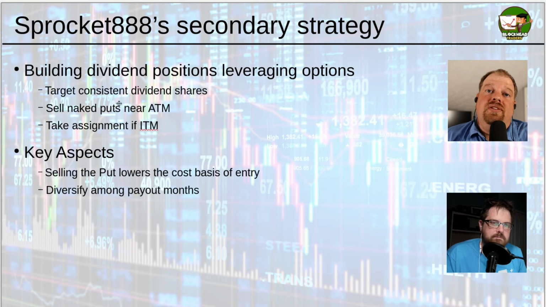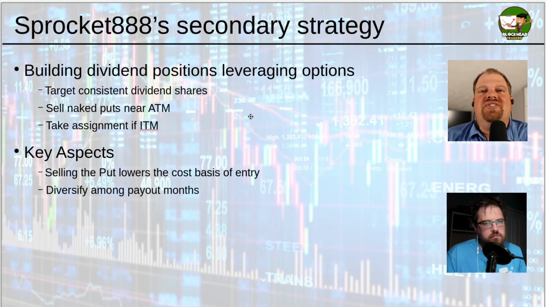So the next thing that I'll touch on briefly is a secondary strategy that I have. To be honest, this is a strategy that I'm just now starting, so I don't have a ton of experience in it, but one of my goals in my trading portfolio is to start to diversify the income streams in my portfolio.